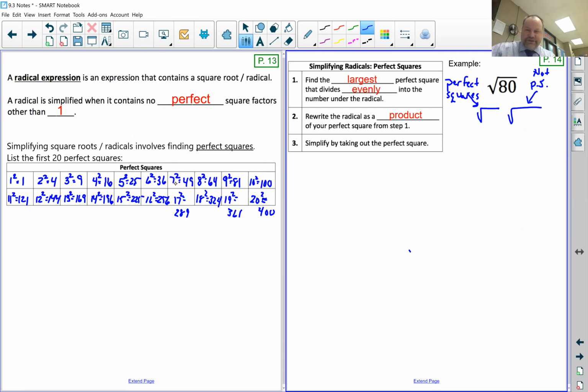Now I check, does 64 divide evenly into 80? And the answer is no. You can check that on a calculator or whatever.